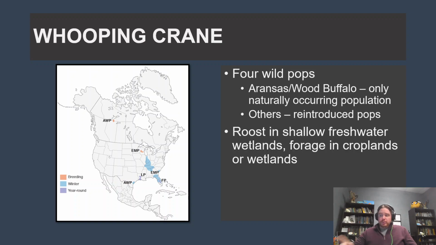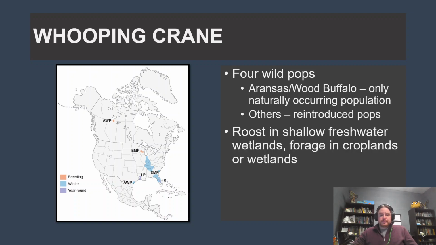And it is this AWP population you see on the map there on the Gulf Coast of Texas. The other populations are the results of reintroduction: the Florida population, the Eastern Migratory population, and the Louisiana population.